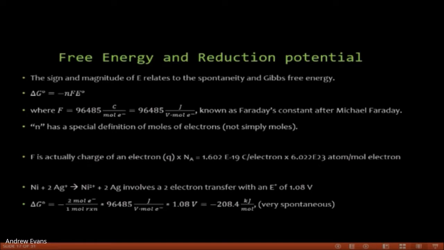N used to be the moles of reaction, that we might have used in, say, the ideal gas equation, PV equals nRT. But this N is a little bit different because what we're trying to do is turn volts into joules or even kilojoules.